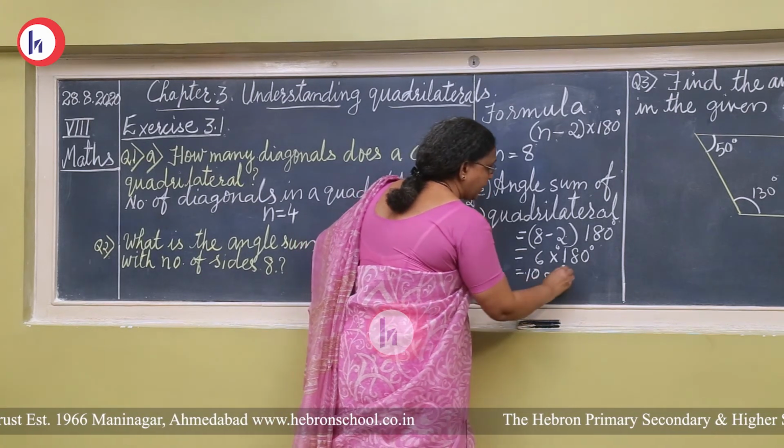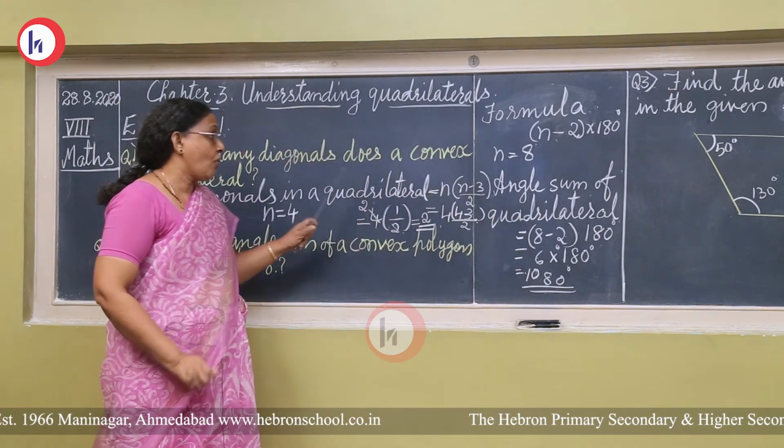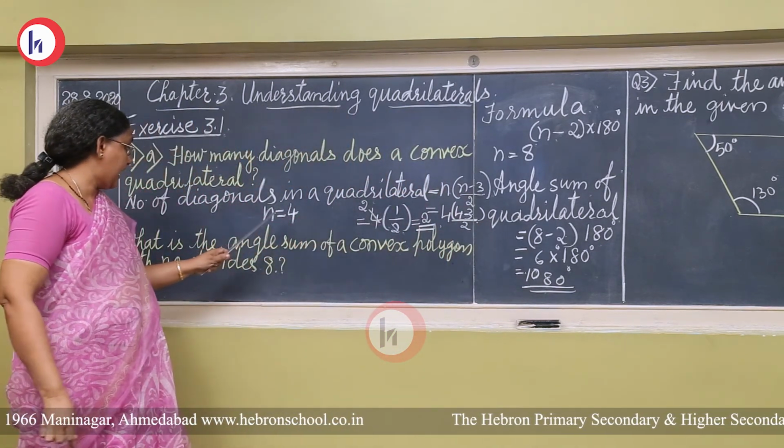So 1080 degree is the total sum of the polygon.